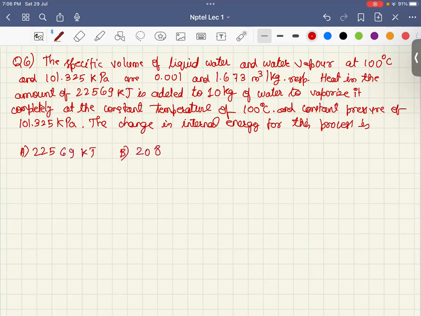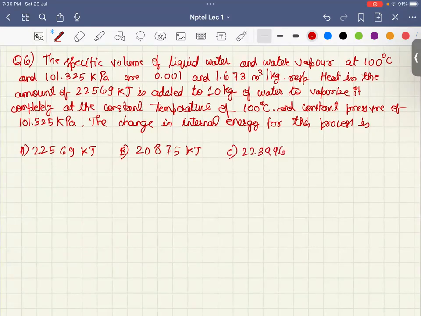Option B, 20875 kilojoule. Option C, 2399.6 kilojoule. And option D is 24263 kilojoule. Right?